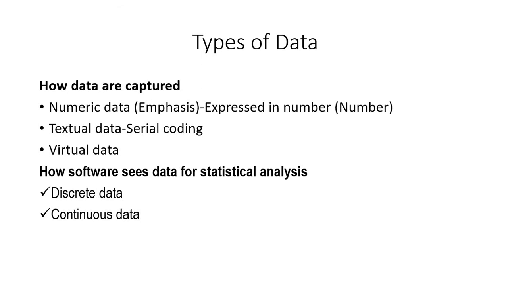And this discrete or categorical data are data that are captured at the nominal and at the ordinal level. I hope you have not forgotten. For instance, gender. In the context of Ghana, we have male and female. Or if you want to look at religious affiliation, somebody can be a Muslim, somebody can be a Christian, somebody can be a traditionalist, Hinduist, and the rest.